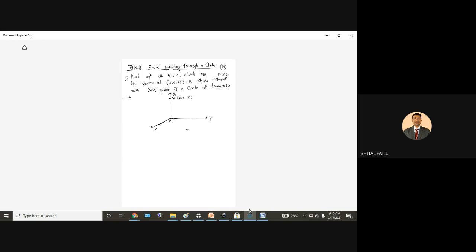This is the circle. Now join the vertex and the circle. So this is the right circular cone.